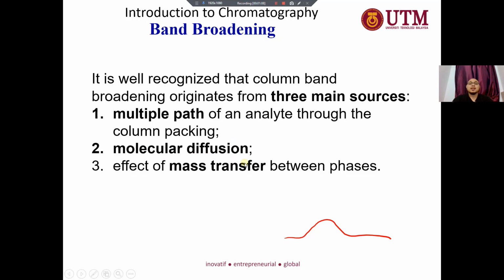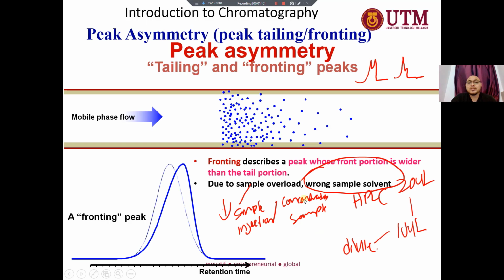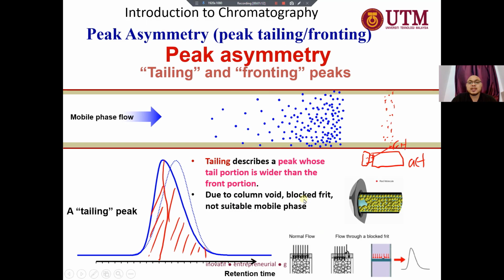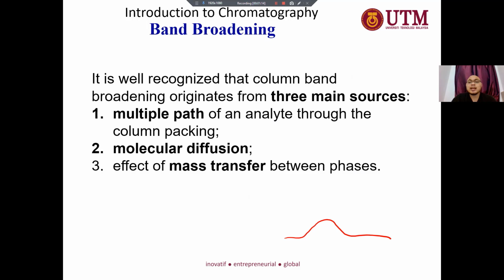So, before we go further, if you look back at peak asymmetry and peak broadening, the kind of question that can be asked in the examination is: describe peak asymmetry, and how to avoid or improve it. For example, please explain the three main sources of peak broadening.